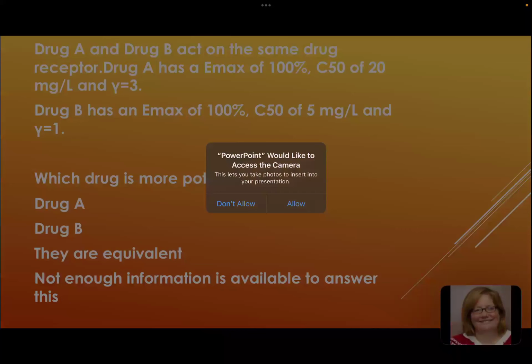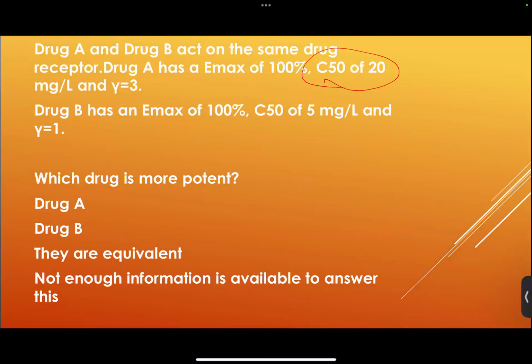All right, one more. Drug A and drug B act on the same drug receptor. Drug A has an Emax of 100, a C50 of 20, and a gamma of 3. Drug B has an Emax of 100, a C50 of 5.